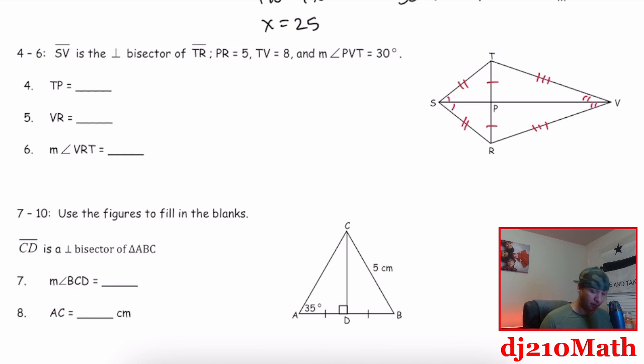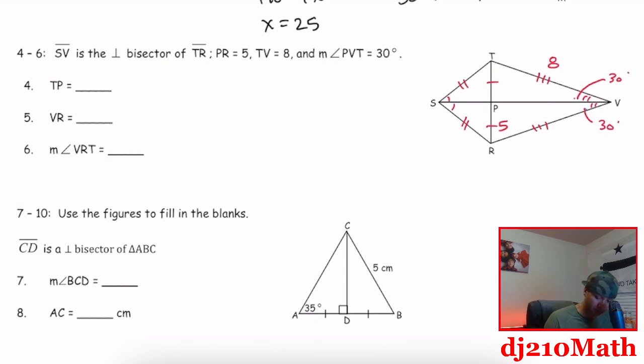What do they say? PR is 5. TV is 8. And PVT, okay, so this angle right here is 30 degrees, which means this angle is 30 degrees. That's just implying it, right? All right, so change colors. Everything in red is what they gave us.